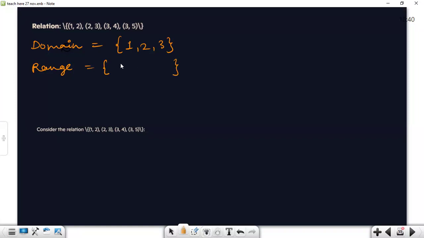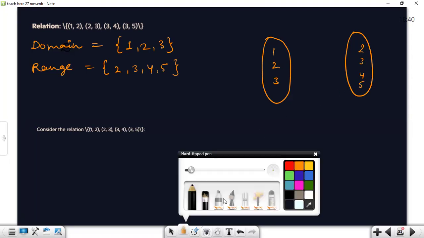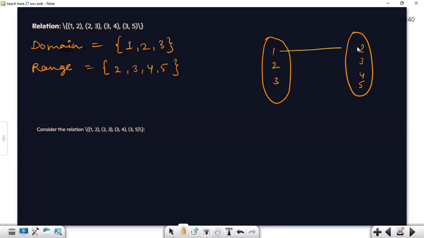And the range: 2, 3, 4, 5. One is mapping to 2. 2 is mapping to 3. 3 is mapping to 4. 3 is also mapping to 5.